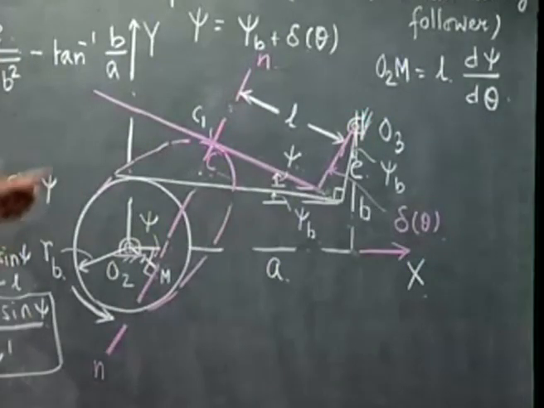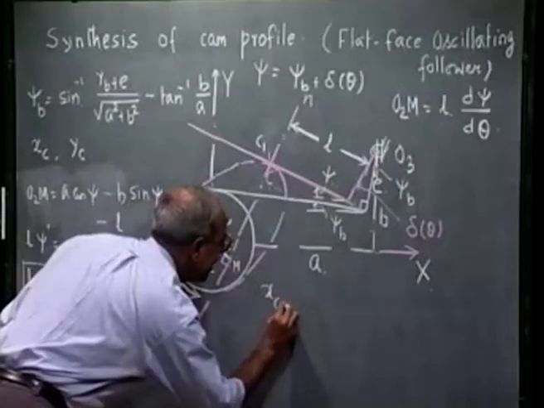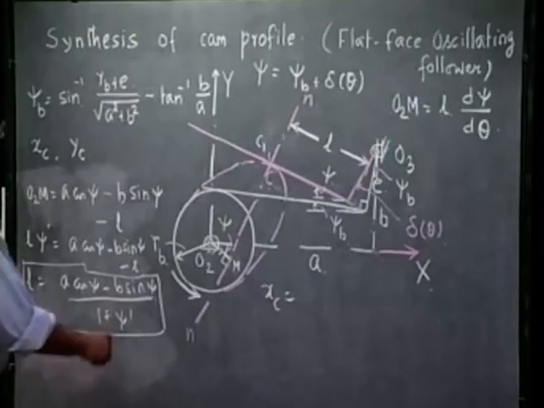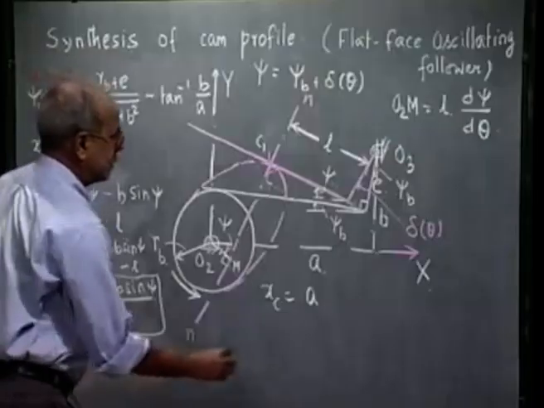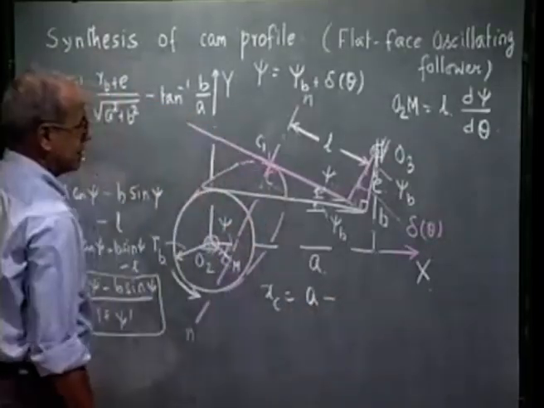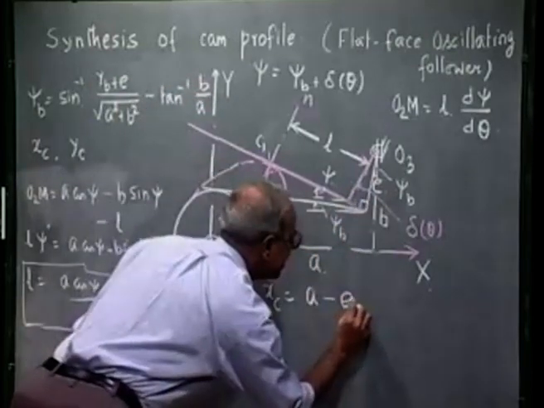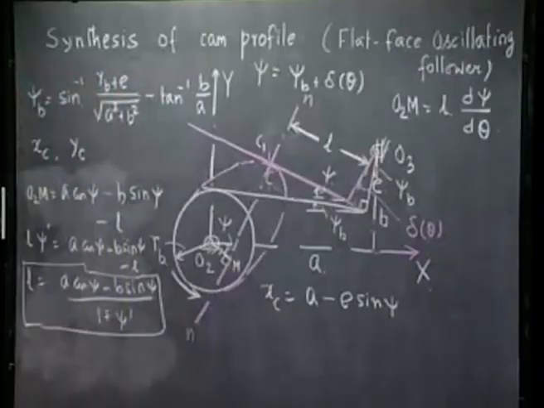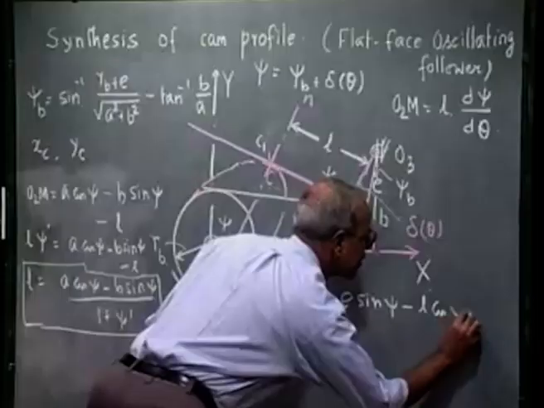Now we are in a position to write the coordinate xc is A minus E sin psi minus L cos psi.